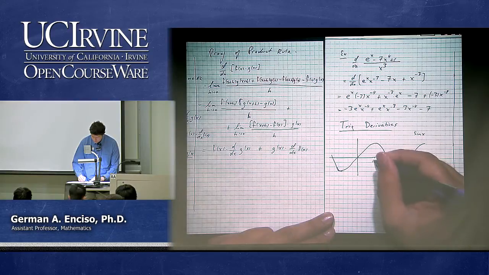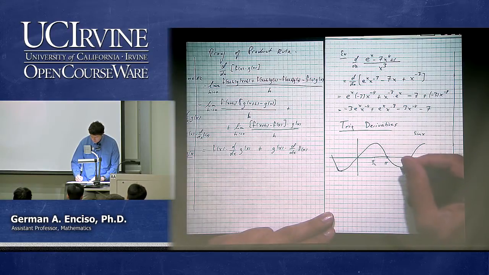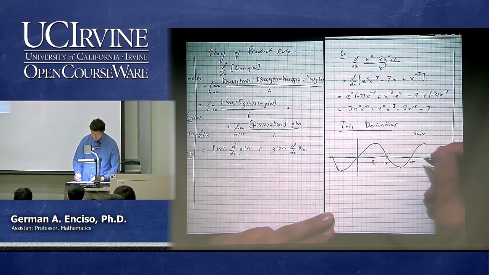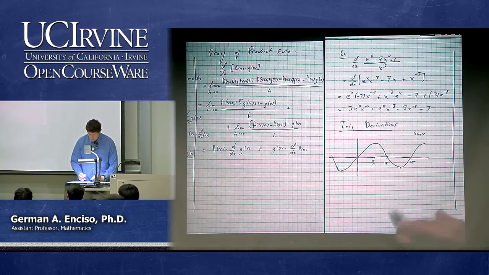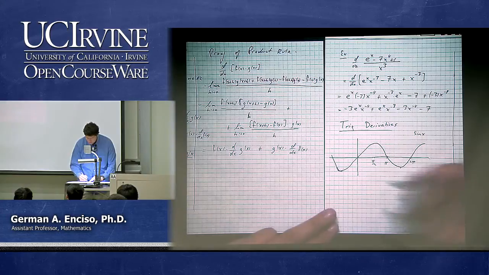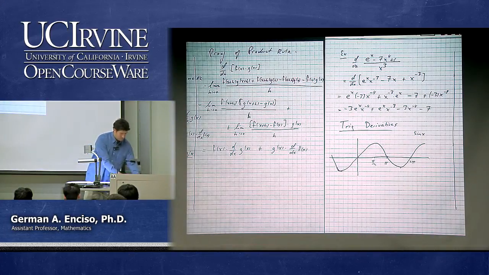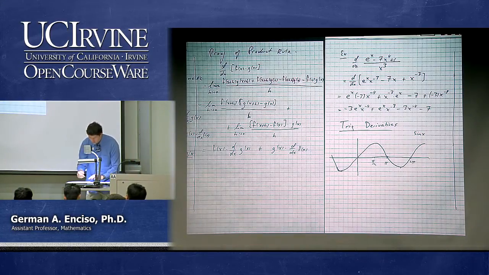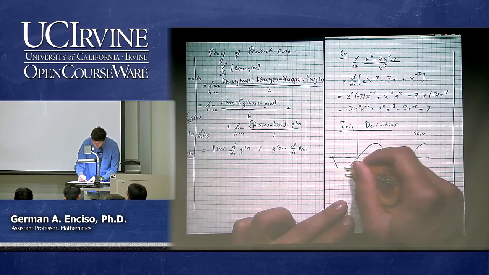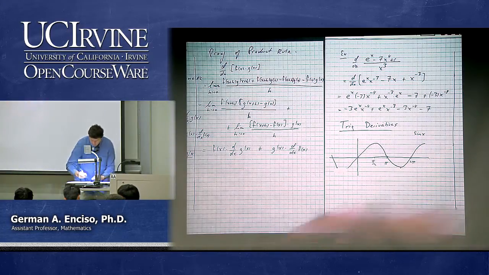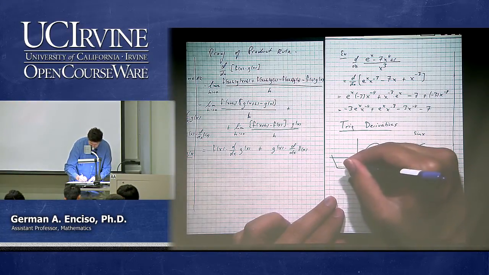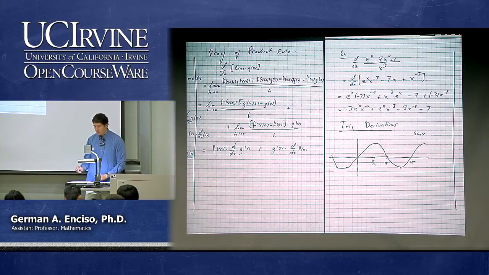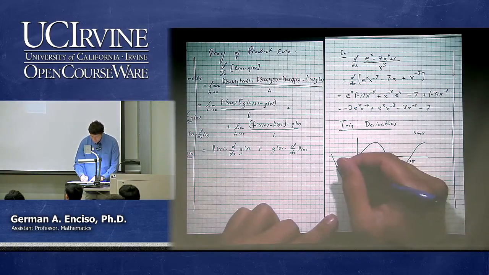And this is pi over 2, and this is 2 pi. Okay. Yeah, that's not a great looking sine function, but oh well. Make it a little nicer here. Okay, there you go. So still not very nice, but it works.